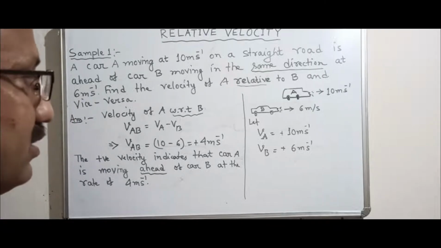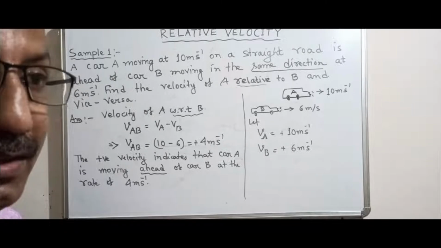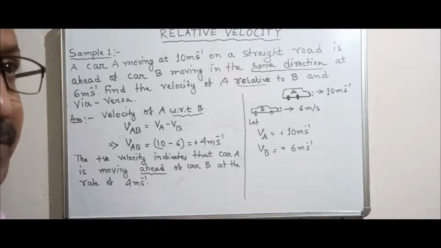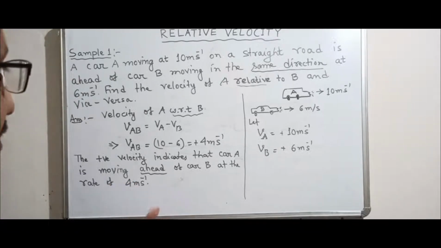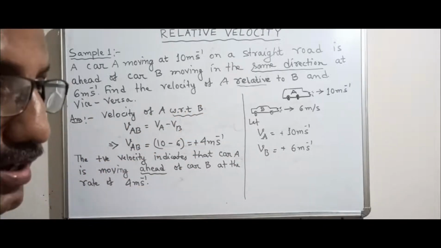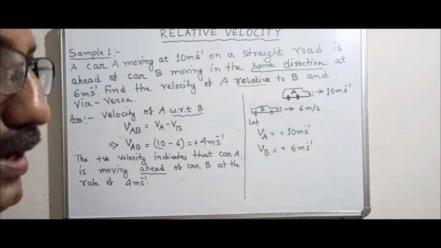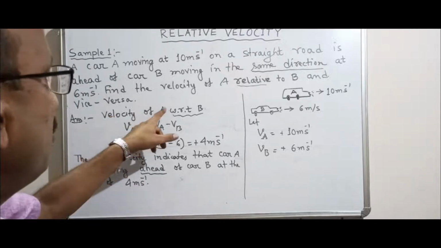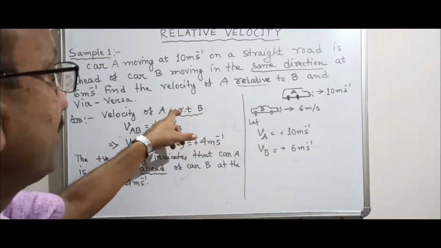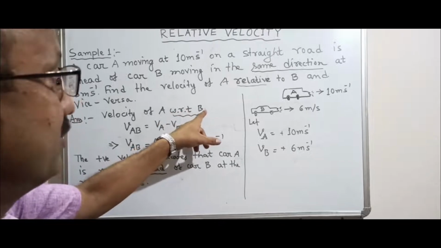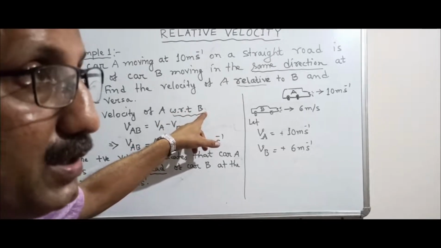So respectable person is always given the first chance to express something. Like that, here, who is the respectable? It is not a respectable person or like that, just we are comparing velocity of A with respect to B. So with respect to B, that means you can think like B is the respectable person.